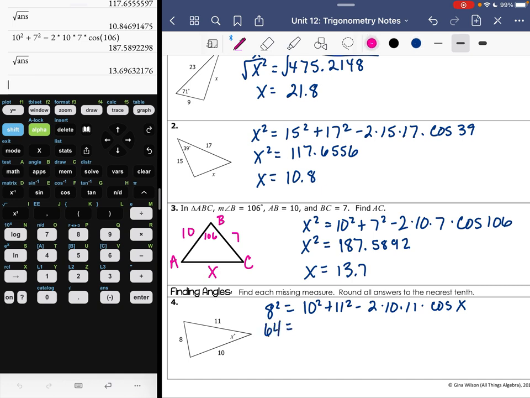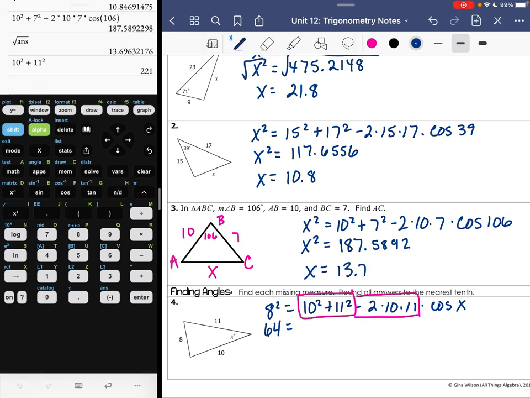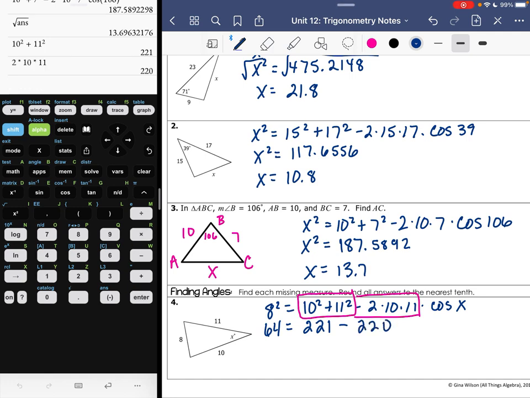And then you can do these two together and this part together in order to make an equation that you can solve. So 10 squared plus 11 squared is 221. And then you're going to have minus 2 times 10 times 11 is 220. And then times the cosine of x.